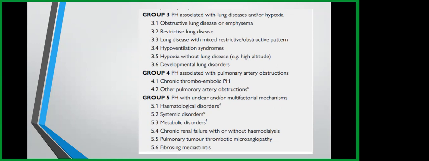Okay, it's actually looking at the mechanism, because if HIV causes HIV cardiomyopathy, that goes to group 2. Although we also know that HIV can affect the pulmonary vasculature itself and cause a group 1. So the underlying mechanism is more important than the disease.